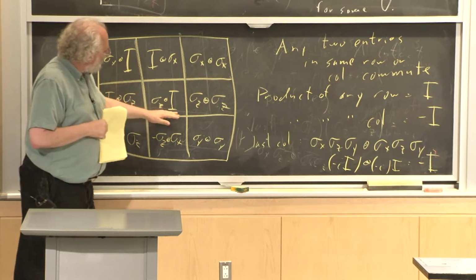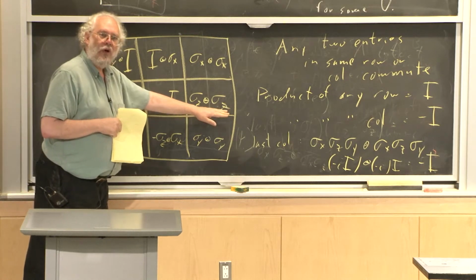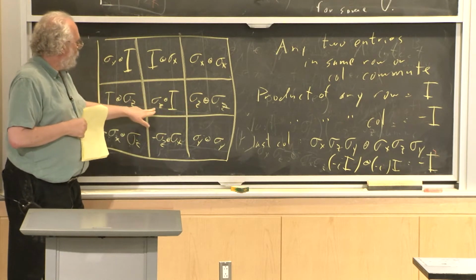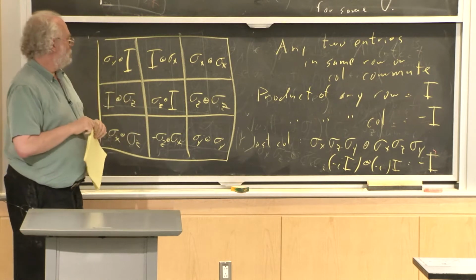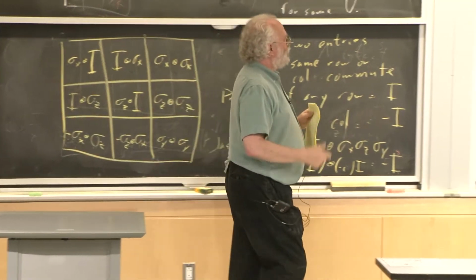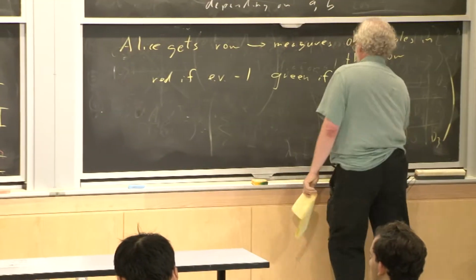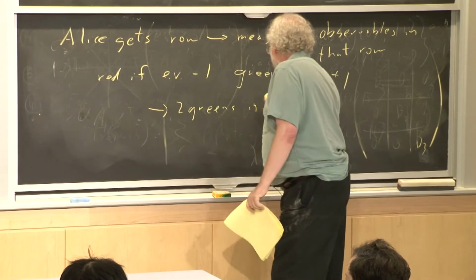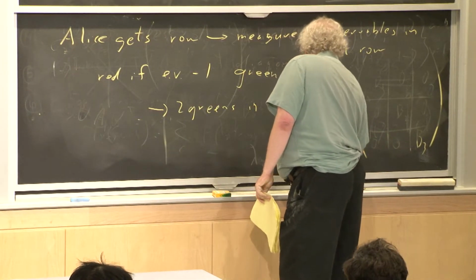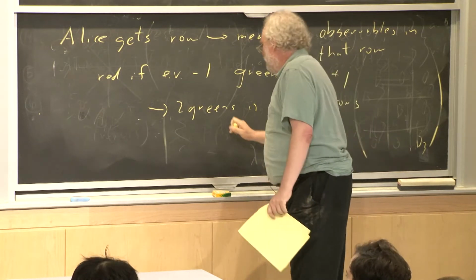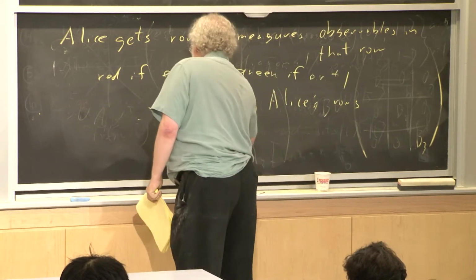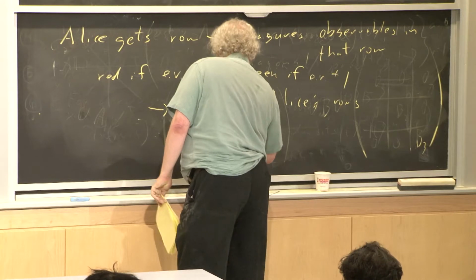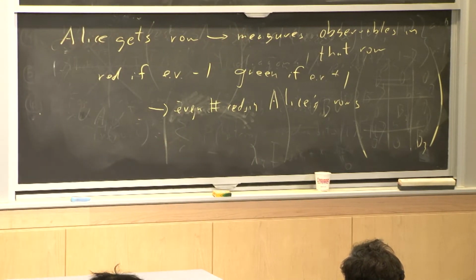Now we know, because all three of these matrices multiply to I, that the observables must multiply to 1. So that means that there are 2 greens in Alice's rows, or an even number of reds, because the reds were -1 and the product is 1.